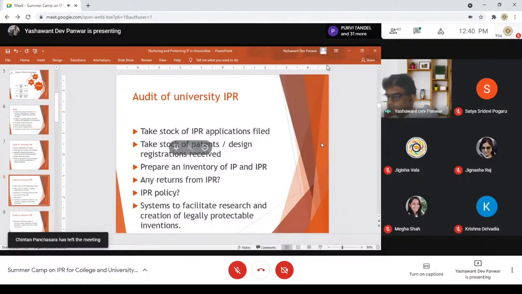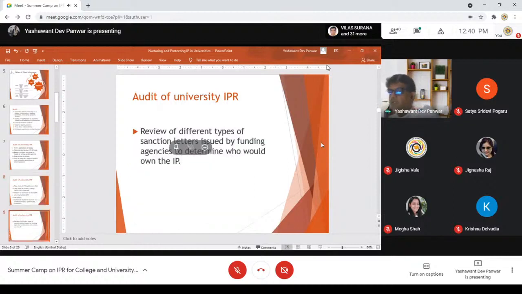And there has to be a system to facilitate research and the creation of legally protectable inventions. So there has to be a facilitation mechanism within the institute. There may be an IP cell, or some cell within the institute, which can promote these activities: doing appropriate research, utilizing patent information or IP information while conducting research and development, and coming up with a protectable invention. Those steps should be periodically taken by the institute.